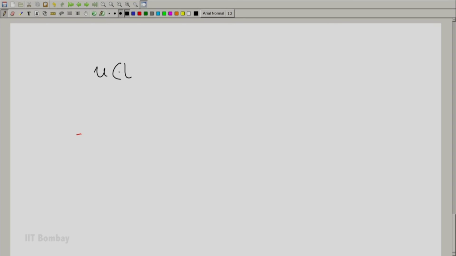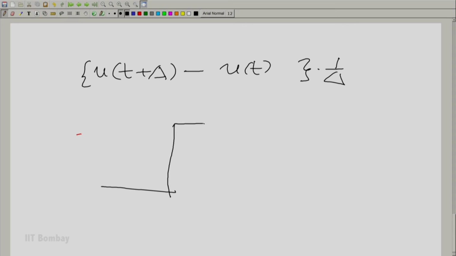So, [u(t + δ) - u(t)] times 1 by δ will look like this, from minus δ to 0 and a height of 1 by δ.